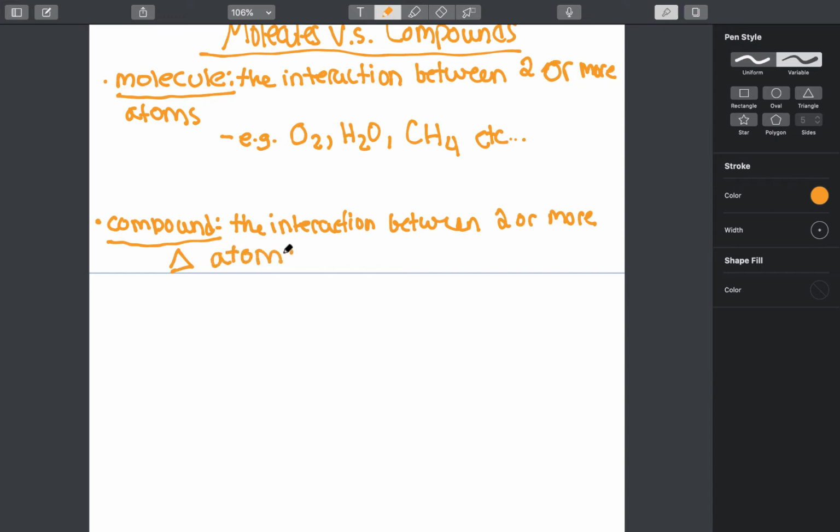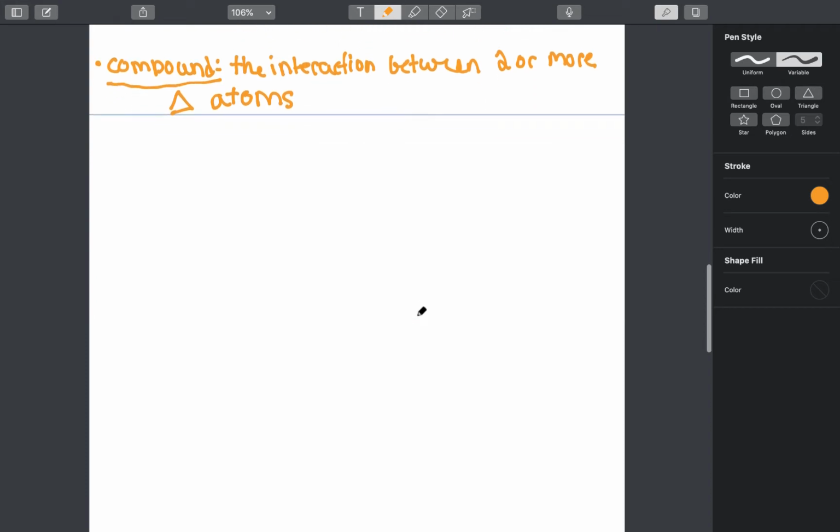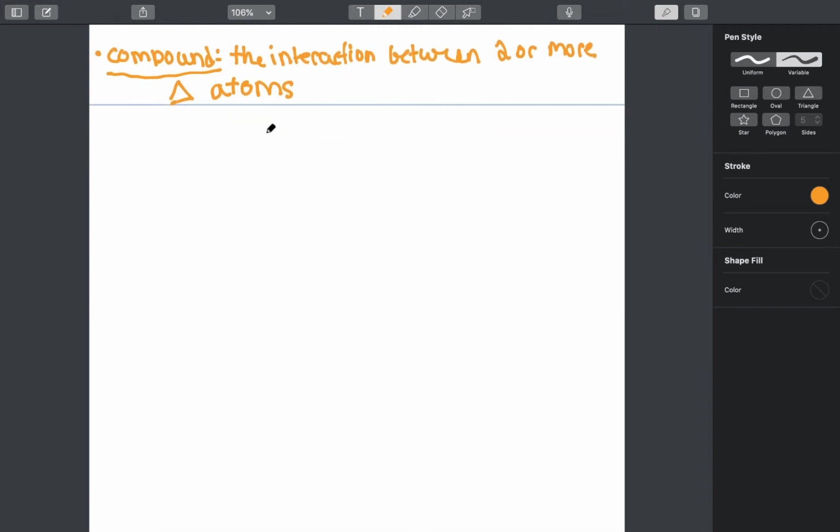So instead of a molecule, you can have two of the same atoms coming together. But for a compound, they have to be different. So some examples of compounds include water, methane, sodium chloride, and you could go on and on and on.